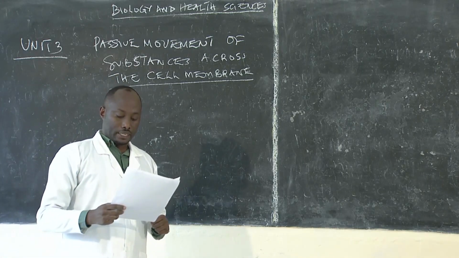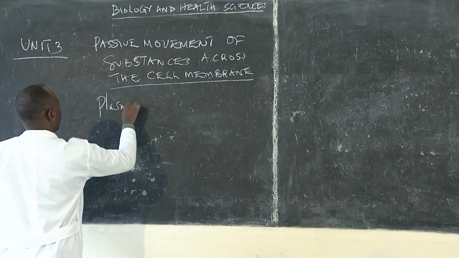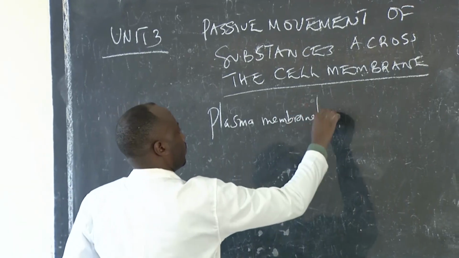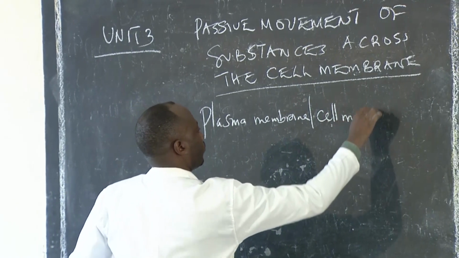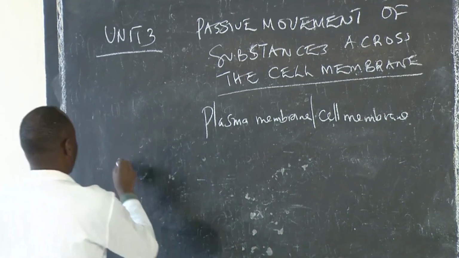All right? Plasma membrane, or cell membrane, is selectively permeable.